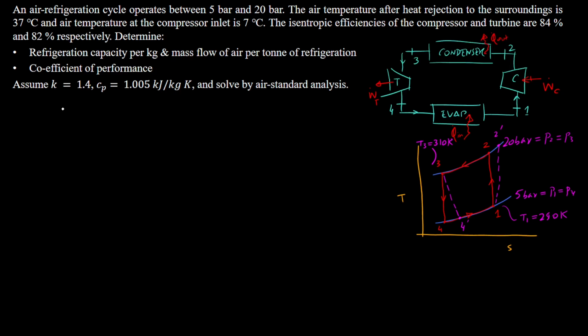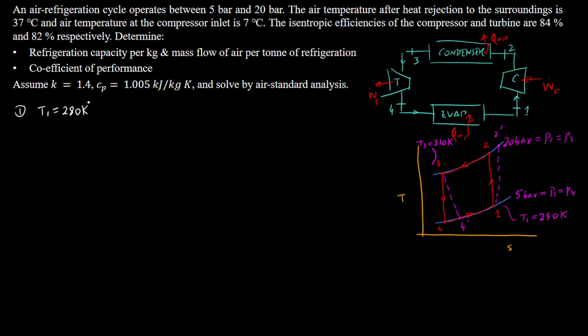So the first and foremost thing is that we have to find enthalpies at all the states. So for state 1, the information that is given to us is the temperature, and that is 280 kelvins.